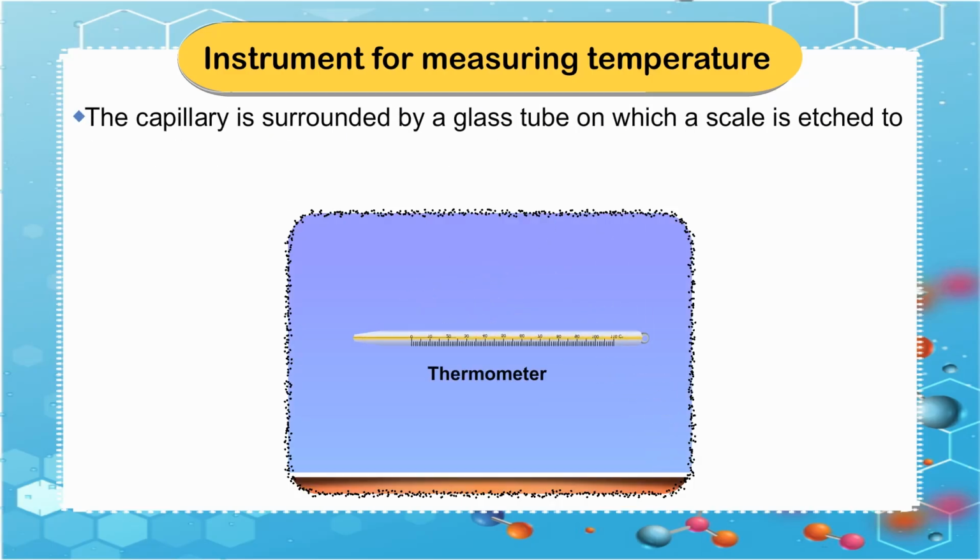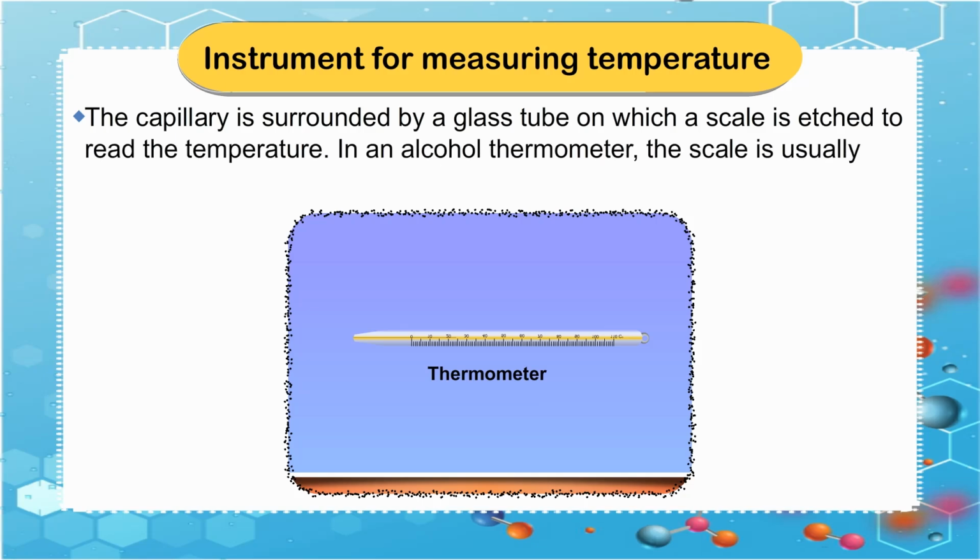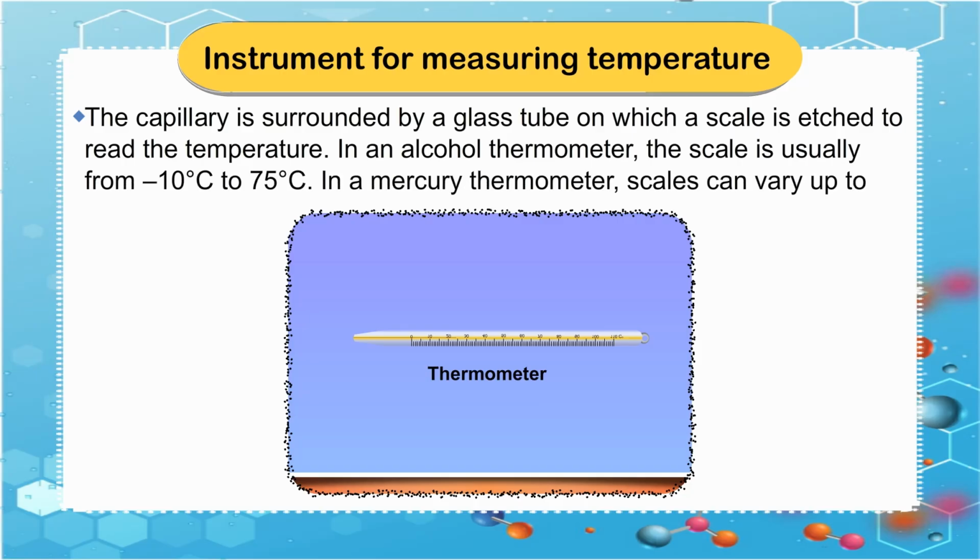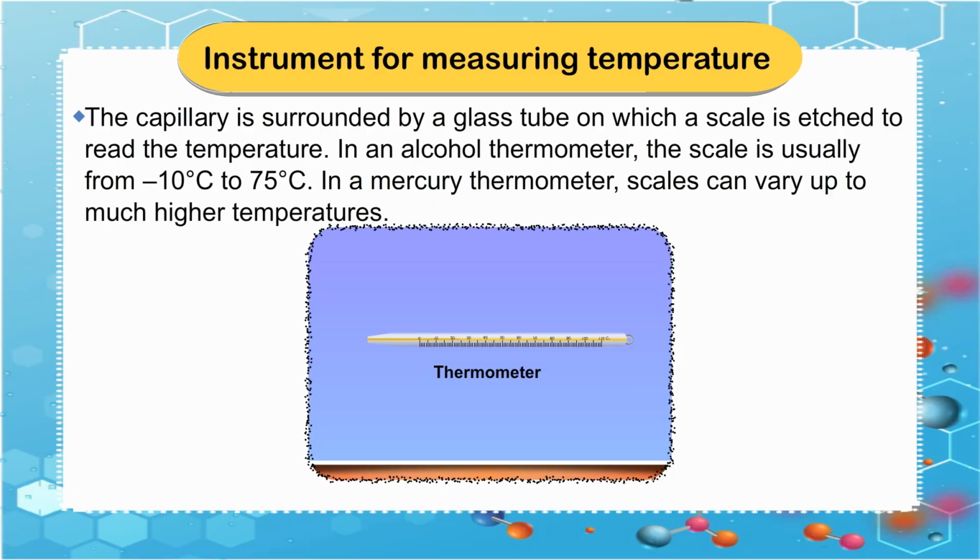The capillary is surrounded by a glass tube on which a scale is etched to read the temperature. In an alcohol thermometer, the scale is usually from -10 degrees Celsius to 75 degrees Celsius. In a mercury thermometer, scales can vary up to much higher temperatures.